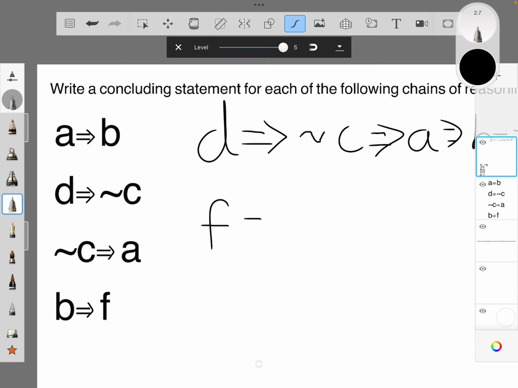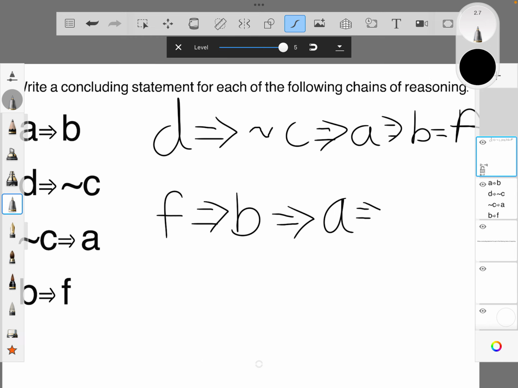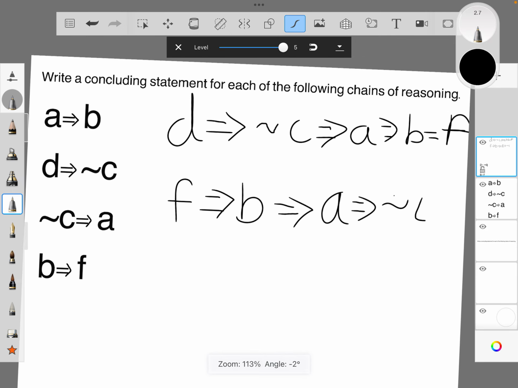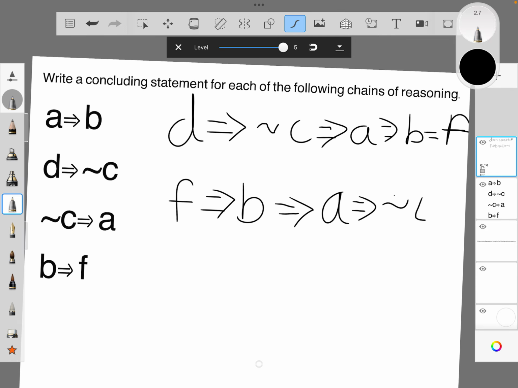You start off with F, then it would be B, then you would have A, then not C, and then D. So it would be if F, then D. Both of the statements are just inverses of each other.